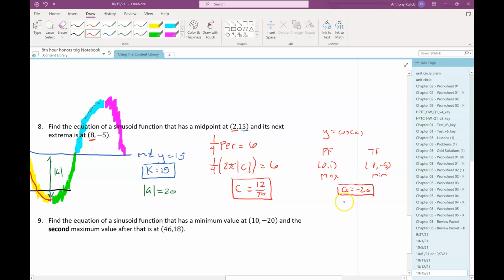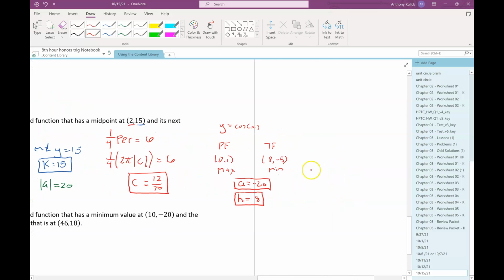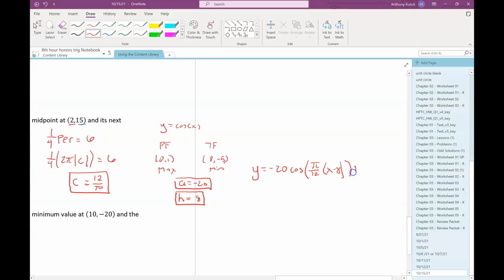And because our x-coordinate from the parent function is 0, the h is our x-coordinate from our transform function. And that's all we need. And there's an answer. Does that feel okay? Yeah.